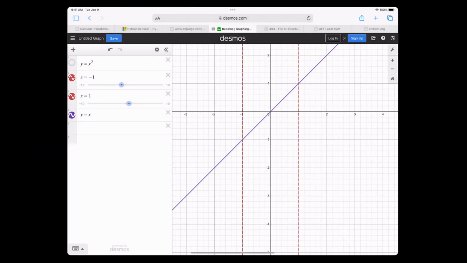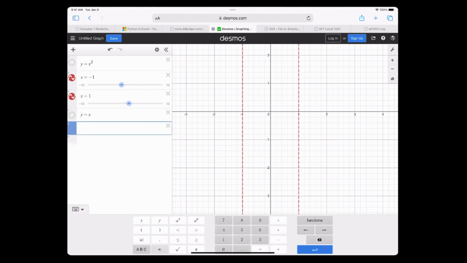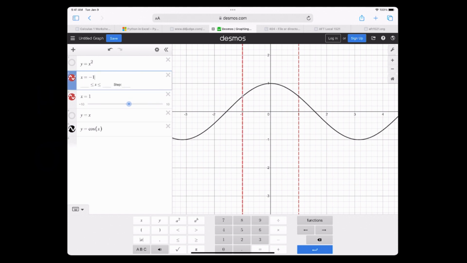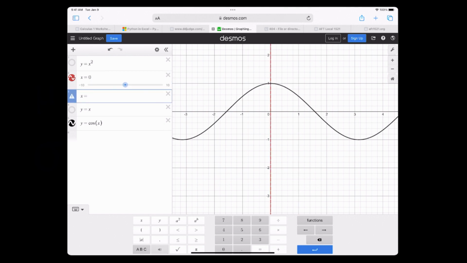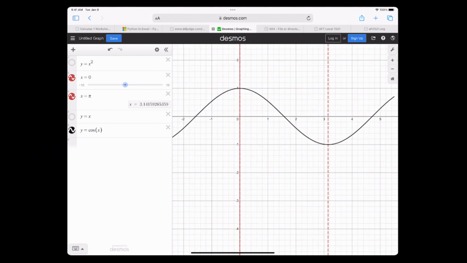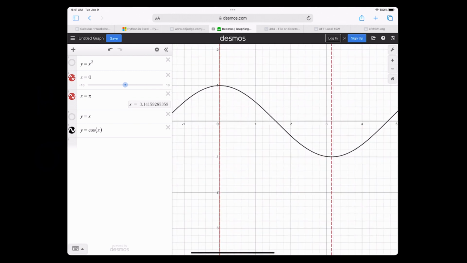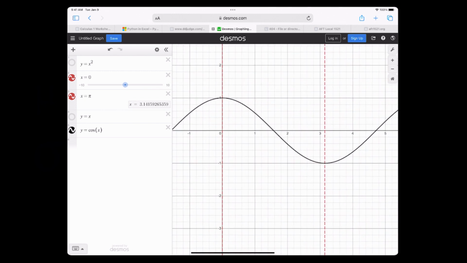Well, let's ask Desmos. If your curve now is what? Cosine. There it is. And then we want to go now from what? 0 to what? Pi. Okay, I'm going to bring it in.